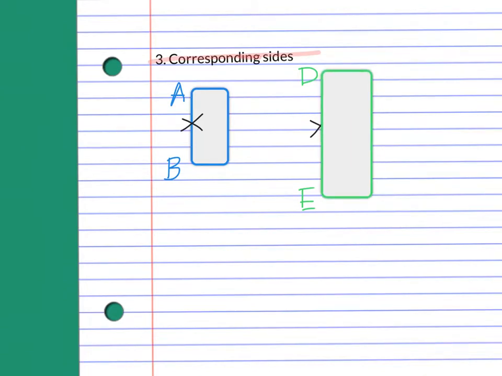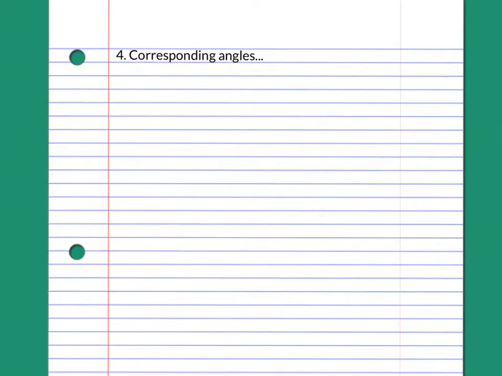And then if I looked at the top side length right here, I would say that that green side length, where I put an X right here, corresponds to that top side length. And so if side lengths correspond, then angles would correspond as well.